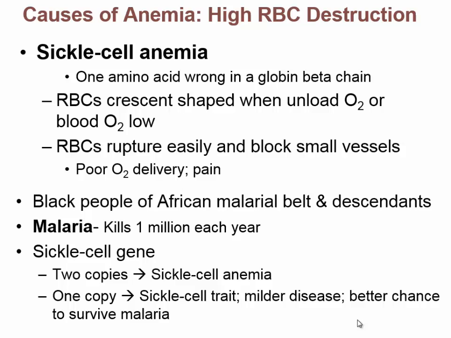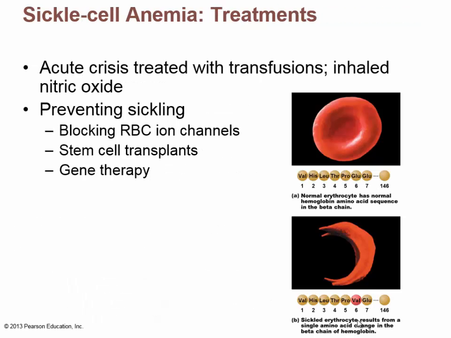Now, that whole hemoglobin thing, a lot of it's the proteins that make the beta and alpha chains in hemoglobin. In that protein chain that makes hemoglobin, there are 146 amino acids that line up, and they have to be in a very specific order to make correct hemoglobin.